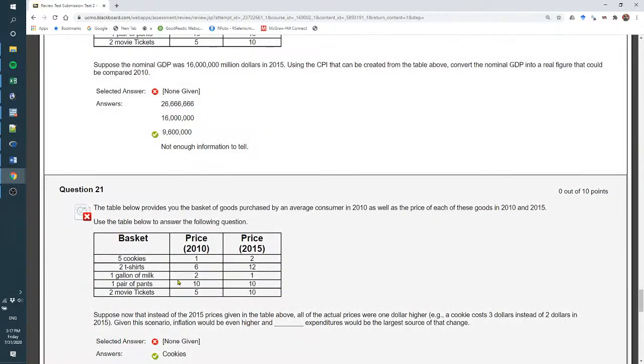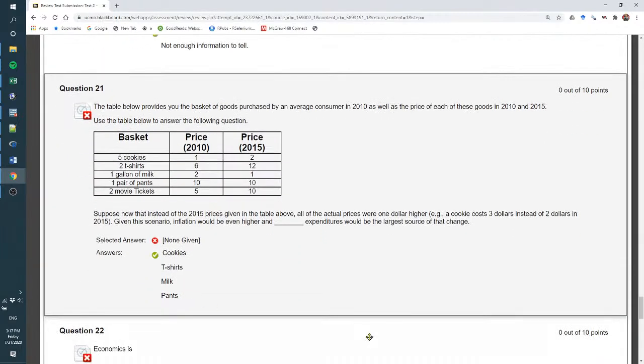Question number 21. This is a good question. I like it because it requires you to have some intuition about some of the drawbacks of CPIs. That is, they are very dependent upon the balance in the index.